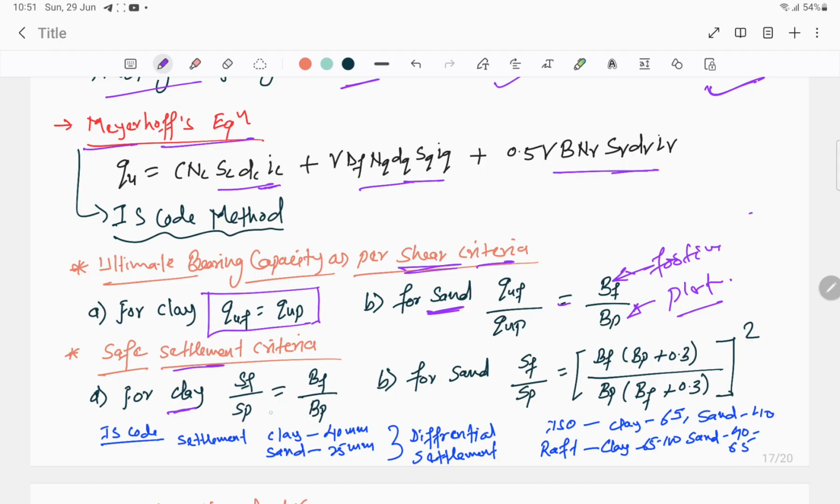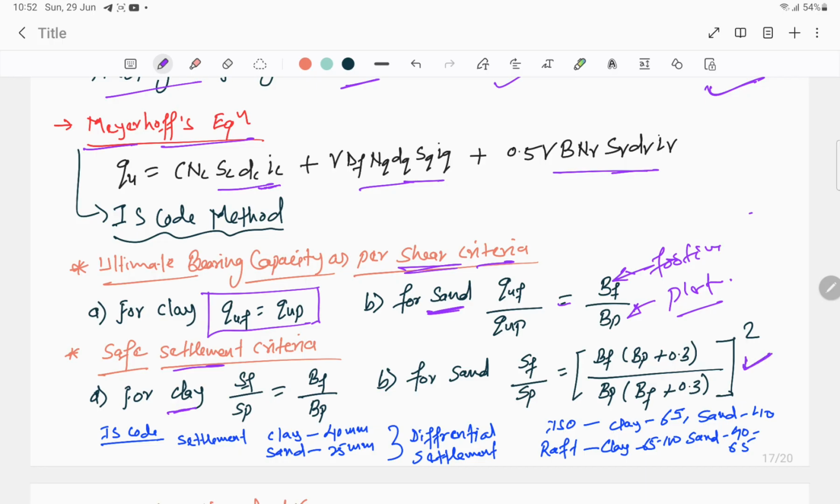Okay, so SF upon SP is equal to BF upon BP, and for sand this value SF upon SP is equal to BF bracket BP plus 0.3 divided by BP into BF plus 0.3, this whole raised to the power 2, that is the square of this whole term. Okay, so from here you can consider the settlement in the foundation.